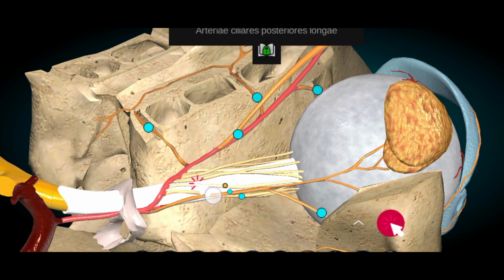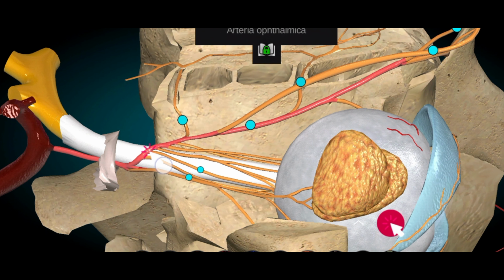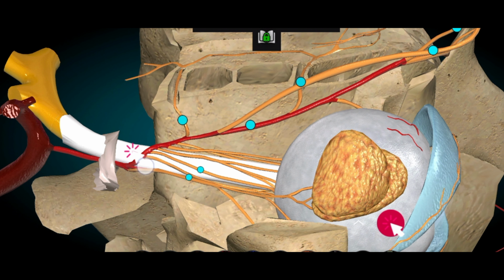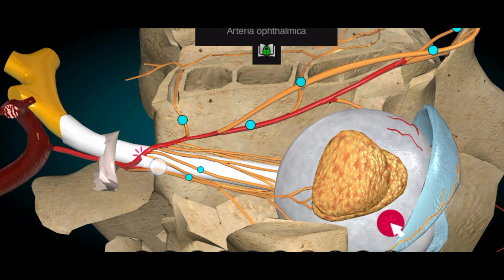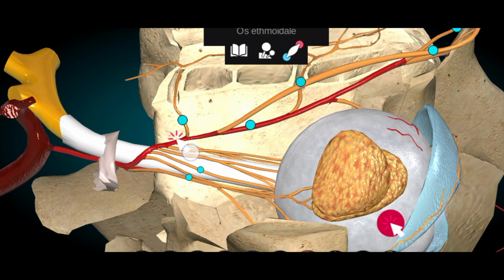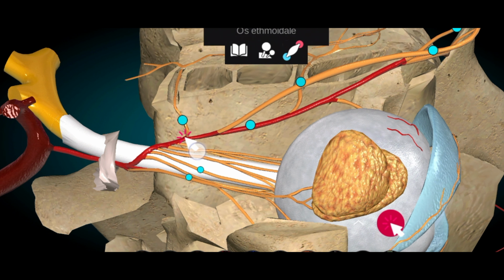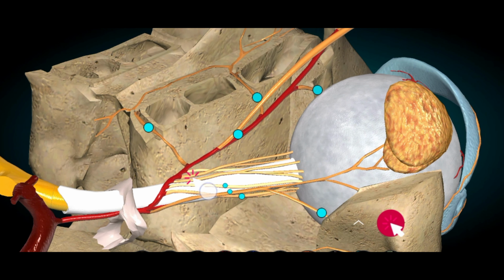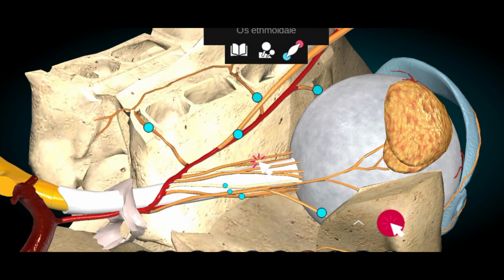They also originate the inferior orbital artery, and the inferior orbital artery supplies the floor of the orbit. So these are the major arteries which give the supply to the orbit.